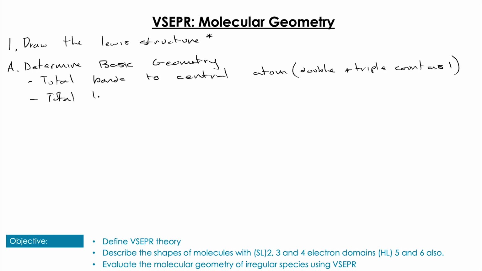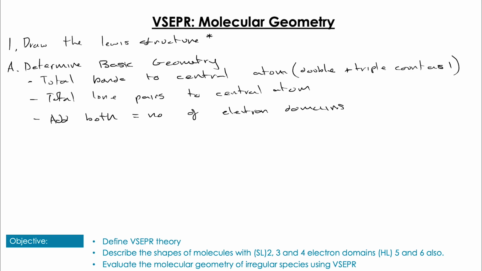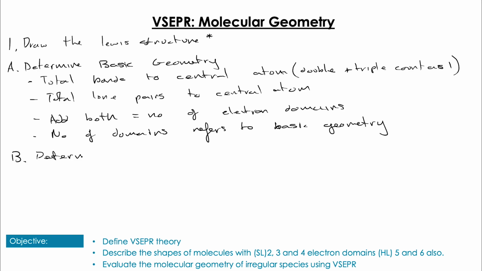And if we take the total of those two together, then we get the total electron domains that surround the central atom. Once we have the total number of electron domains that surround the central atom, we're able to determine our basic geometry, which we looked at really early on in this video. Once we have the basic geometry, we're then able to determine what molecular geometry is going to be based on the number of lone pairs we have.